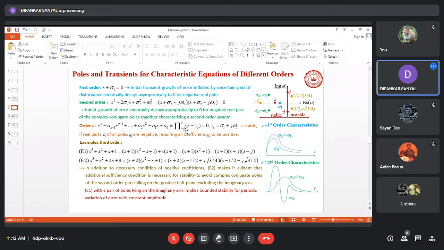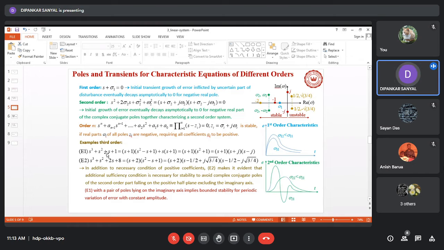Now, here we have given some examples just to emphasize the requirement of the positivity of the coefficients. If a third order characteristic equation emerges in this form, then we can factorize by our known method where we group s square plus s in one part and s cube plus 1 in another part.